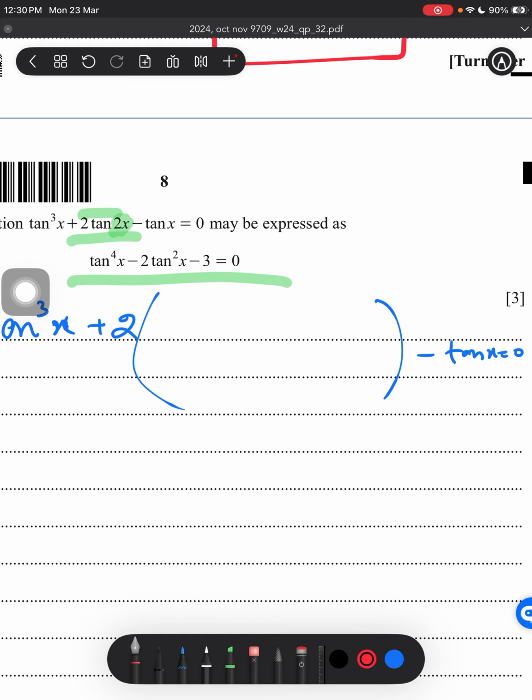So tan 2x can be written as 2 tan x over 1 minus tan square of x.